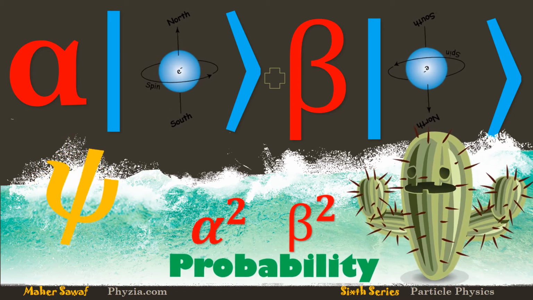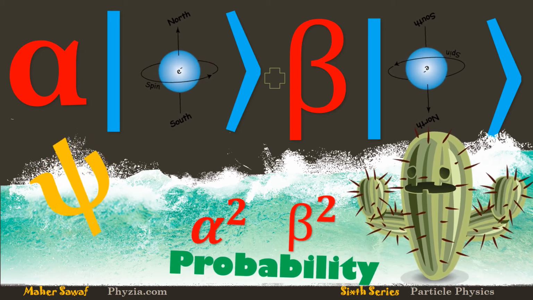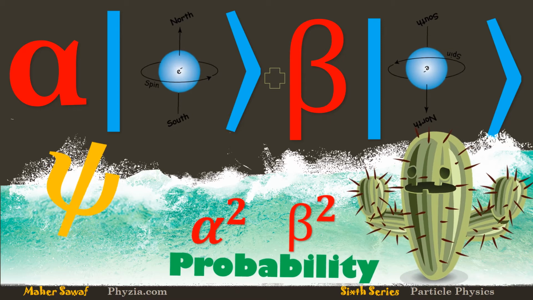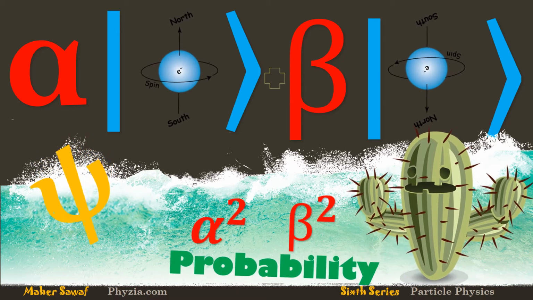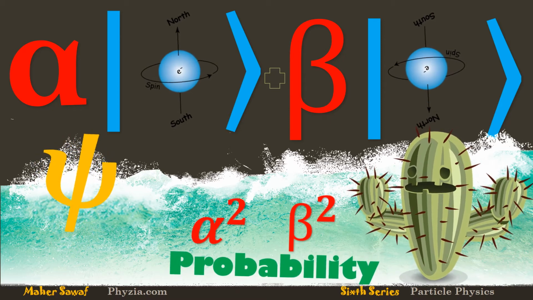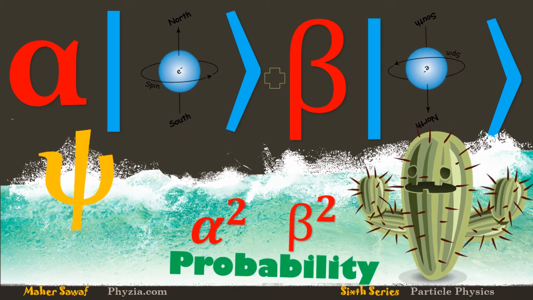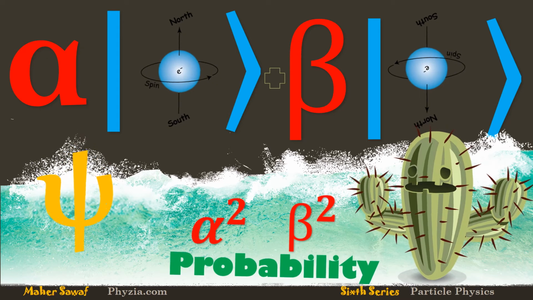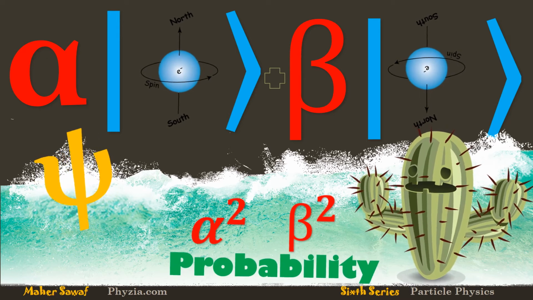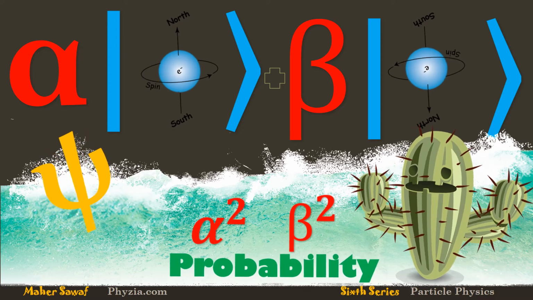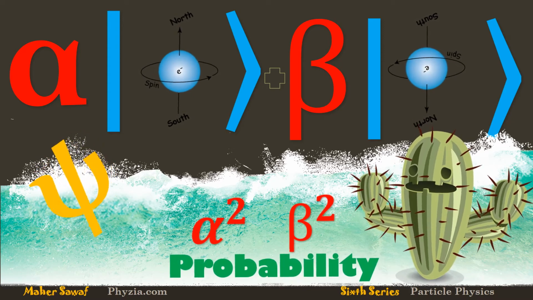Why do we square the coefficients in the wave function formula to get the probability for each quantum state to occur? The answer is like that. Alpha and beta, they're both complex numbers. Each complex number has its own complex conjugate. If we multiply alpha with its complex conjugate and multiply beta with its complex conjugate and then add all the results up, we get 1. 1 means all the possible outcomes.